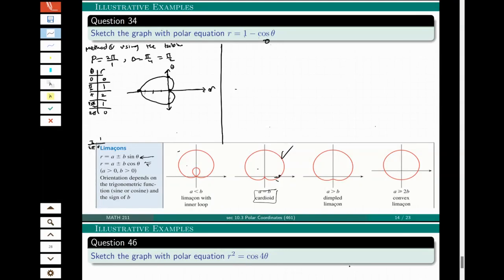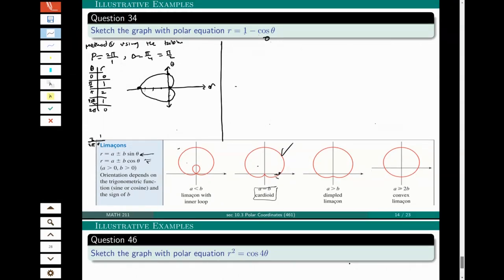Or you can see the feeling. I said here, using this table, if you have r equal to a plus a cosine theta, it will be apple on the right. And if you have a minus a cosine theta, it will be left. Apple, but right, apple and left.